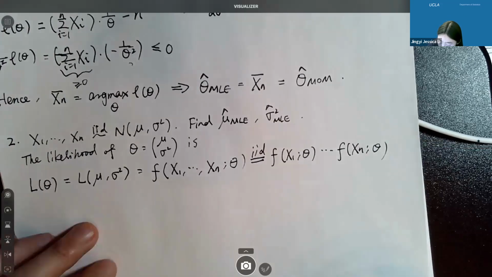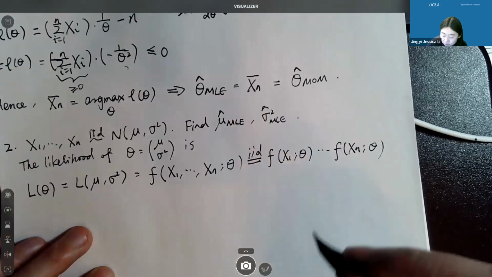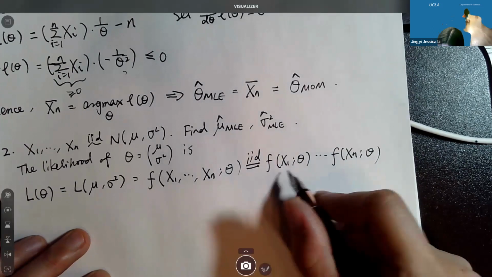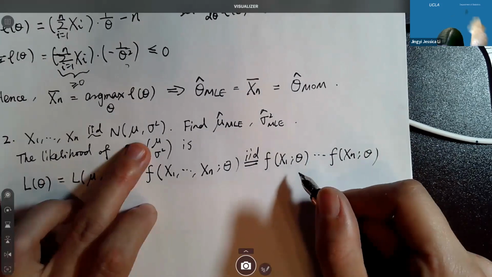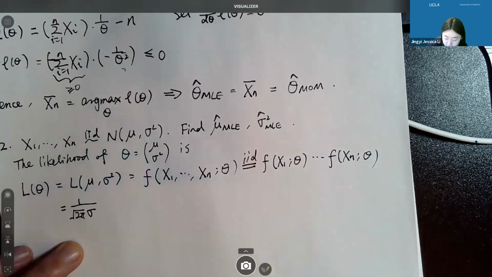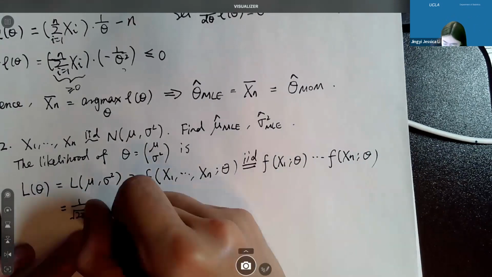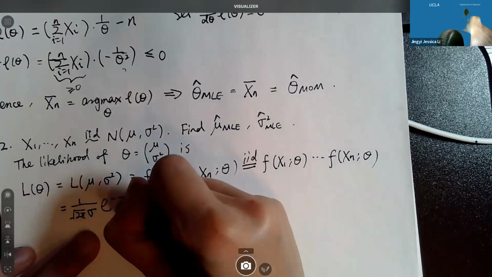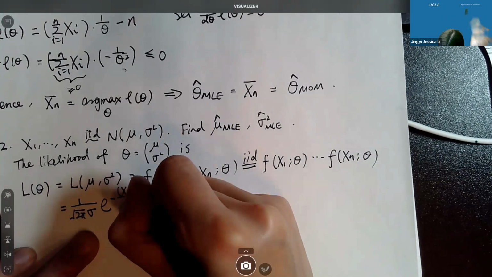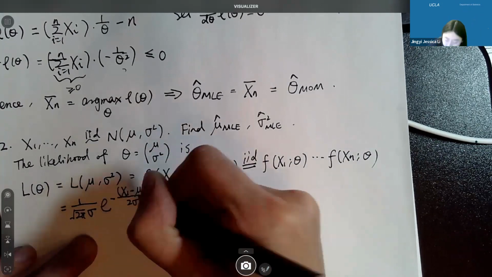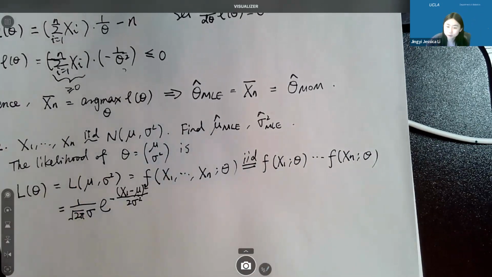So for each one, X1, its density from this normal distribution should be 1 over root 2 pi sigma, the standard deviation, times exponential to the negative (X1 minus mu) squared over 2 sigma squared. This is the density for X1.